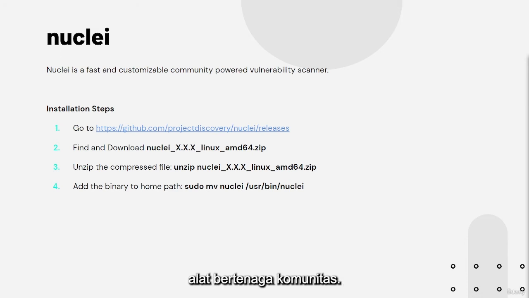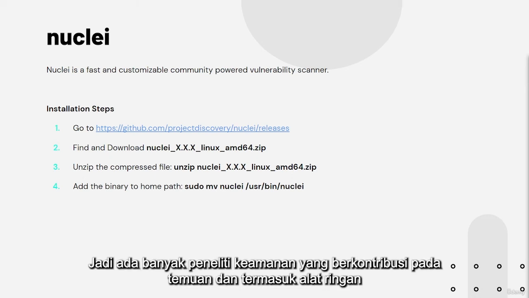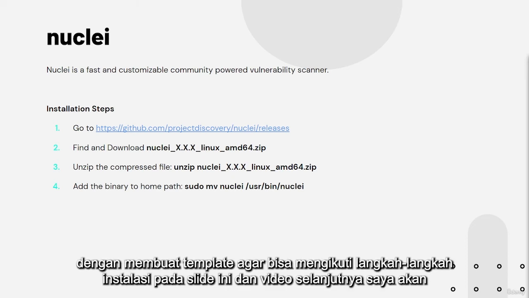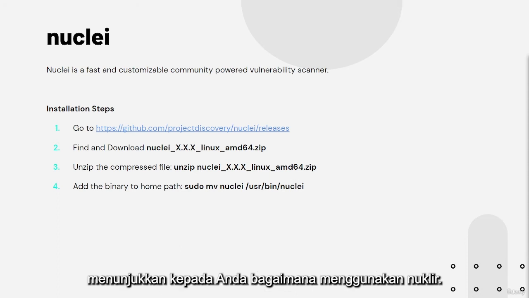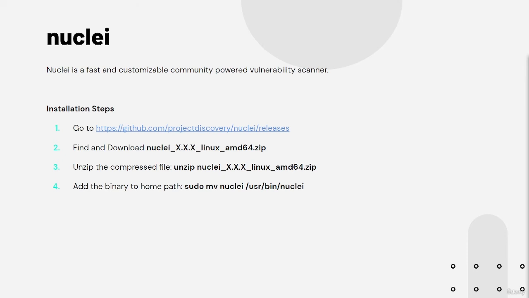Nuclei is also a community-powered tool. So there are a lot of security researchers contributing their findings and including them in the Nuclei tool by creating a template. So you can follow the installation steps on this slide, and in the next video, I will demonstrate how to use Nuclei.